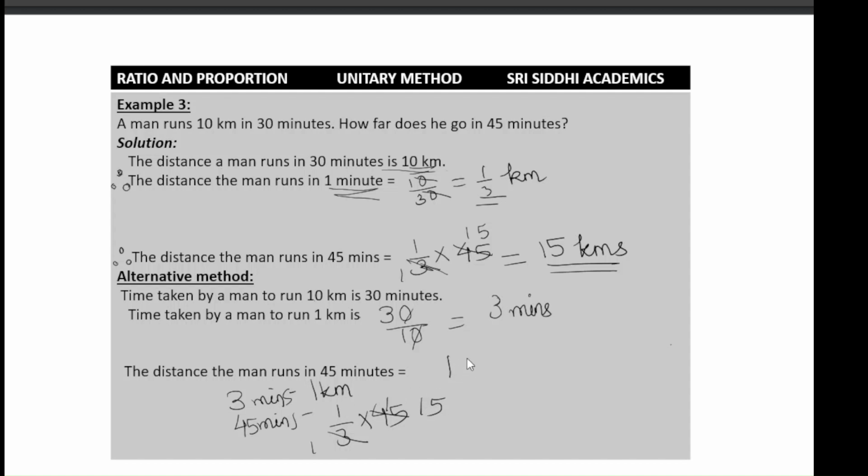So the distance comes up to be 15 kilometers that the man travels in 45 minutes. So this is another method of trying to find out the same solution. You can just tweak the given statement and then find out the answer as per your convenience. Whichever way, the answer should come correct.